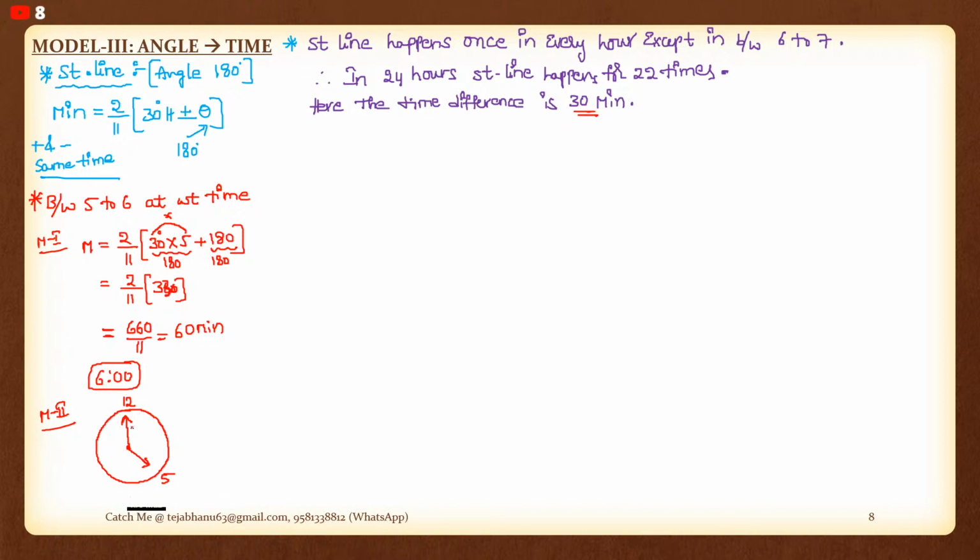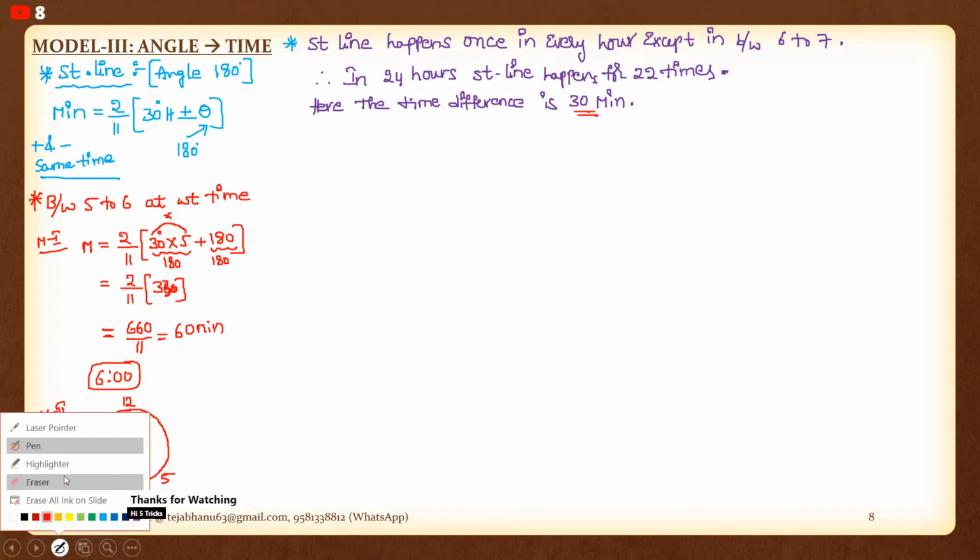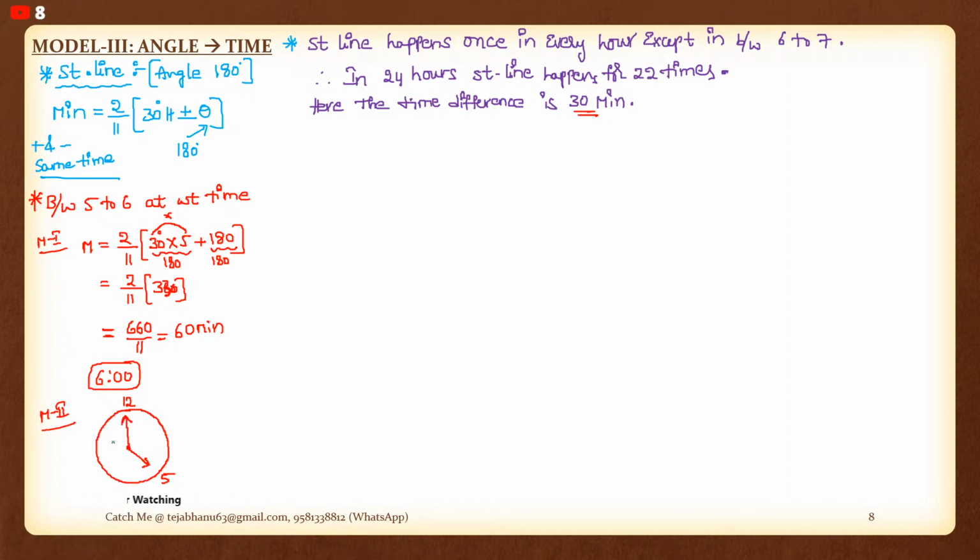That means in order to make a straight line, this minute hand has to travel 20 minutes and touch the 5, and then it has to move to this place to form a straight line. Here the time difference is 30 minutes. I hope it is clear.